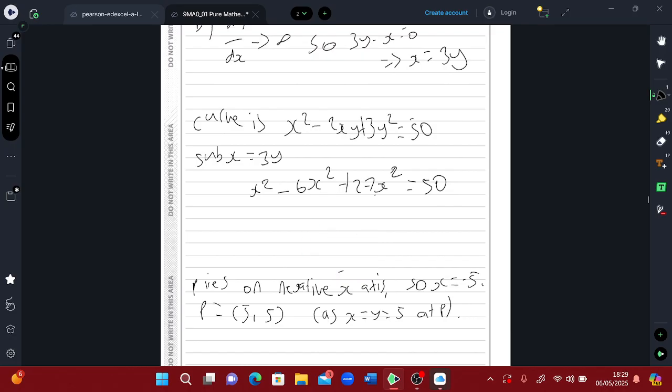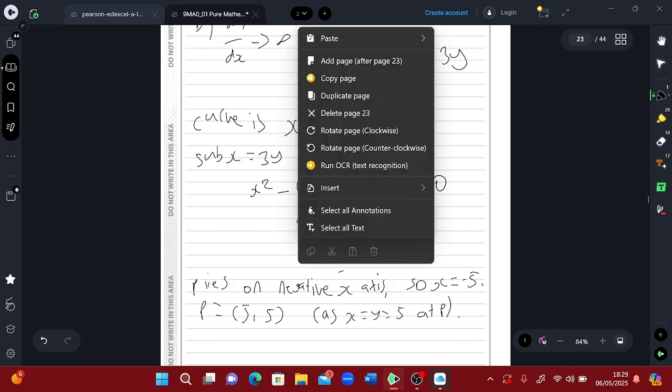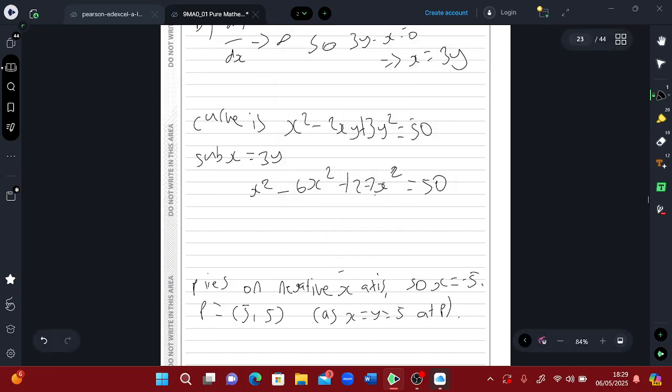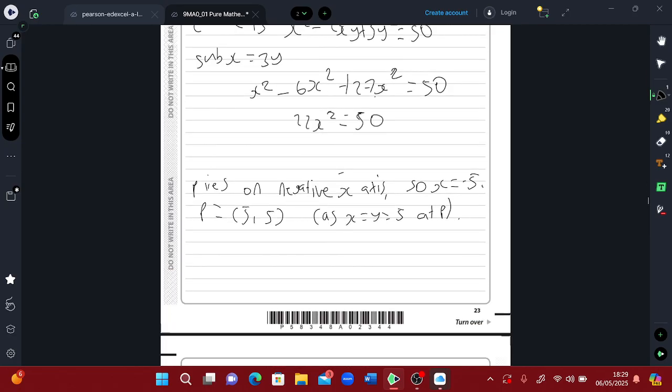Which should then mean collect like terms, so 22. Hang on, it has to be 50. And then x squared has to be 50 over 22. So x then has to be plus or minus the root of 50 over 22. Okay, and the exact same reasoning, positive or negative.